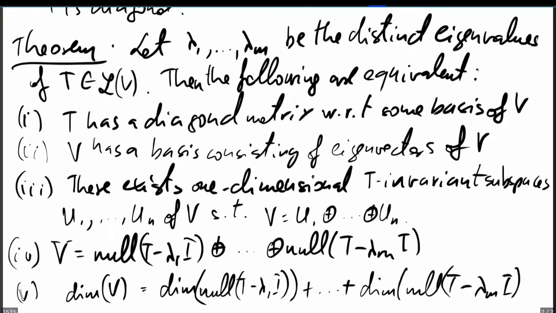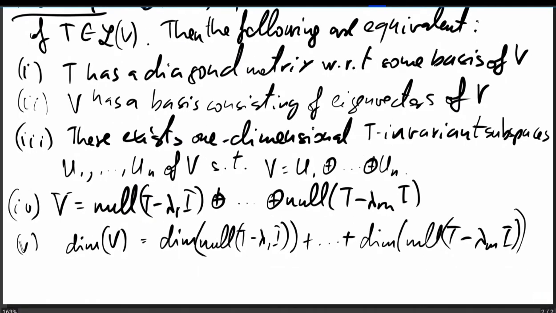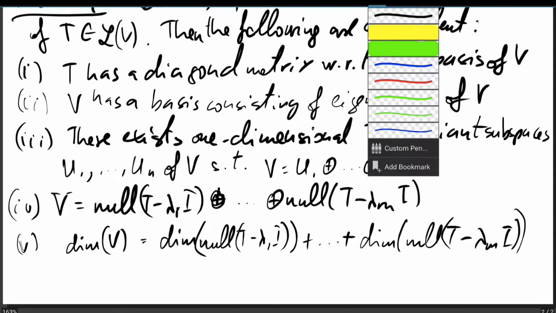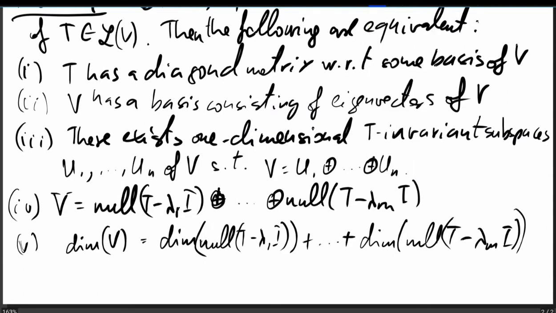So this fourth and fifth is also trivial, that the direct sum and the dimension comes from some consideration a long time ago. What's maybe interesting here is that we are talking about some one-dimensional subspaces, and then later we talk about some others that are not necessarily one-dimensional because we are adding together their dimensions.